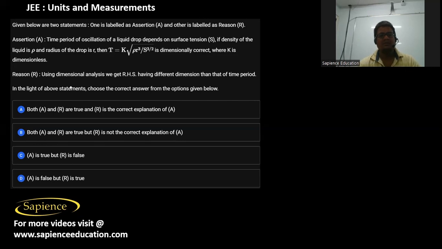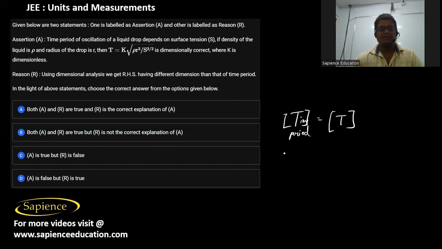The reason is that during dimensional analysis, we get the RHS having a different dimension from that of time period. So we have to check if the equation is dimensionally correct or not. On the left hand side, we have time period, so its dimensional formula is T. And the dimensional formula for K square root of rho r cube divided by S power 3 by 2.